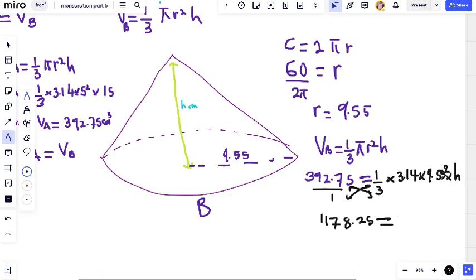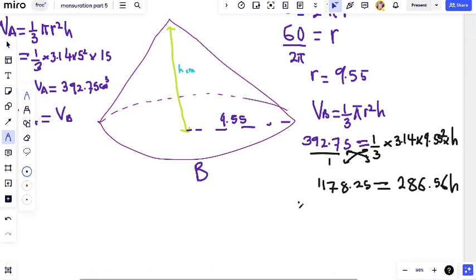3.14 times 9.55 times another 9.55. What do we get? We get 286.56 approximately, times h. Okay, you write the h. H is going to be the subject. So to find h now, you make it the subject.